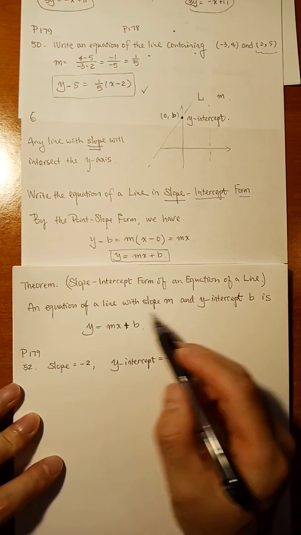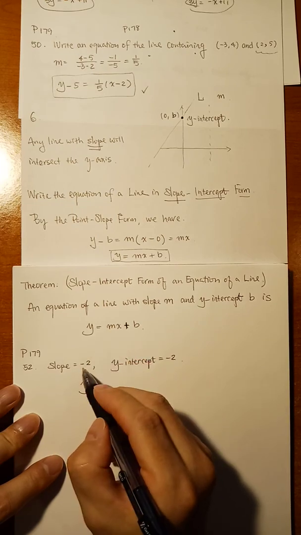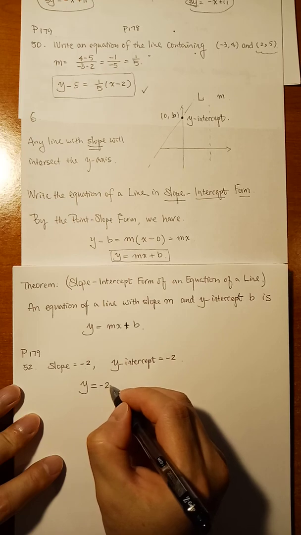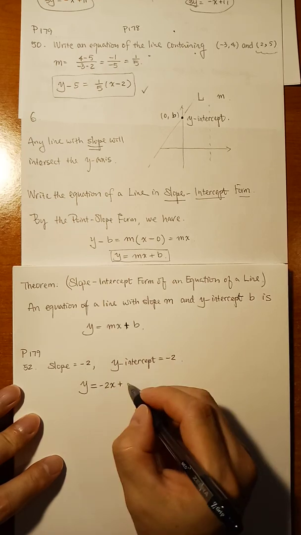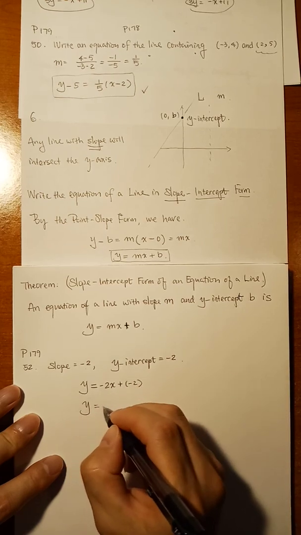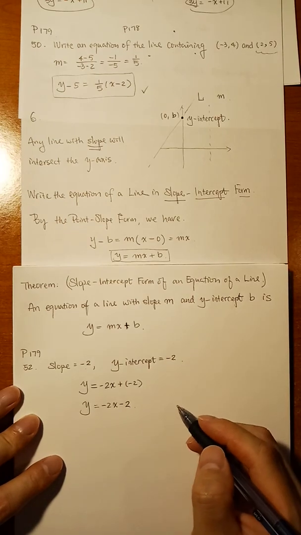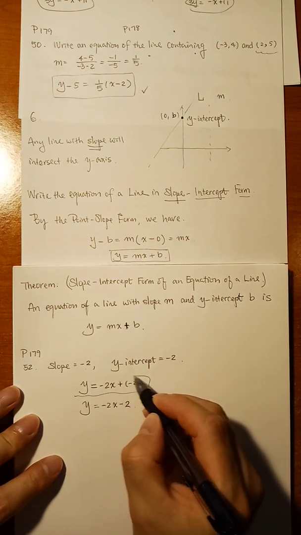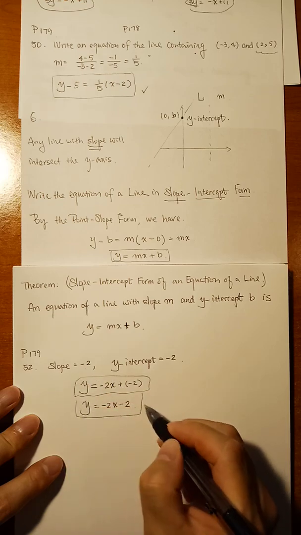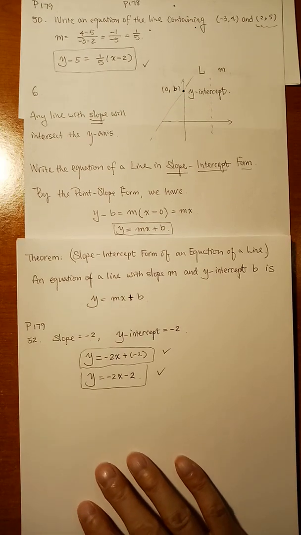Then what is the equation? Slope-intercept form: y equals slope times x, so -2 times x, plus the y-intercept, plus -2. So it's y equals -2x minus 2. You can leave it like this, good. You can leave it like this, also good. Both are proper for the final answer on the exam. Okay? Both are good.